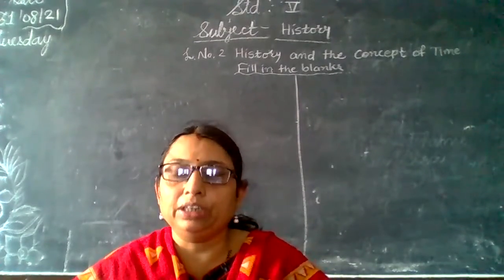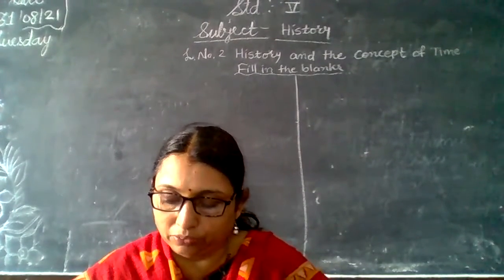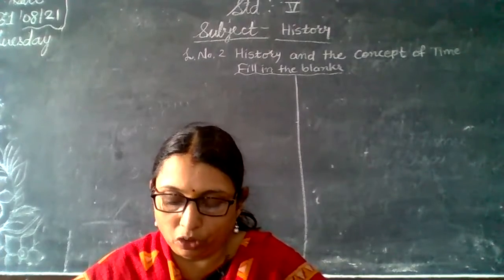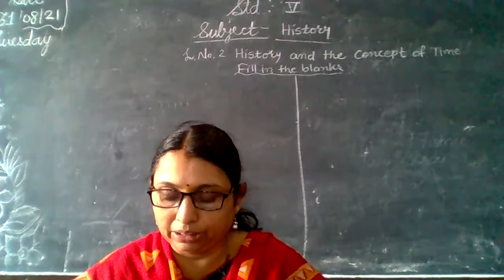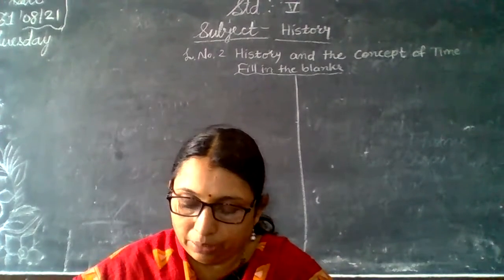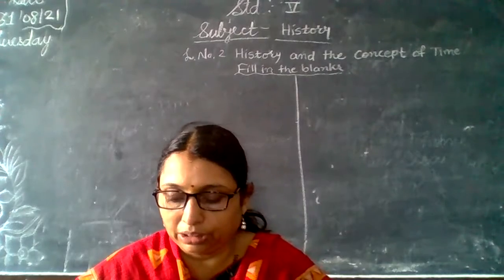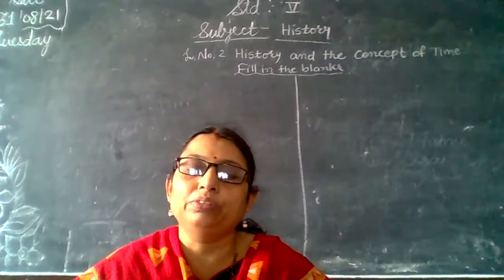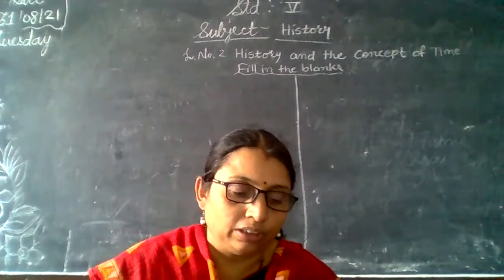Information about the events before the beginning of the Common or Christian era can be obtained with evidence buried under the ground. With the help of scientific method, we can determine the approximate time of the event.